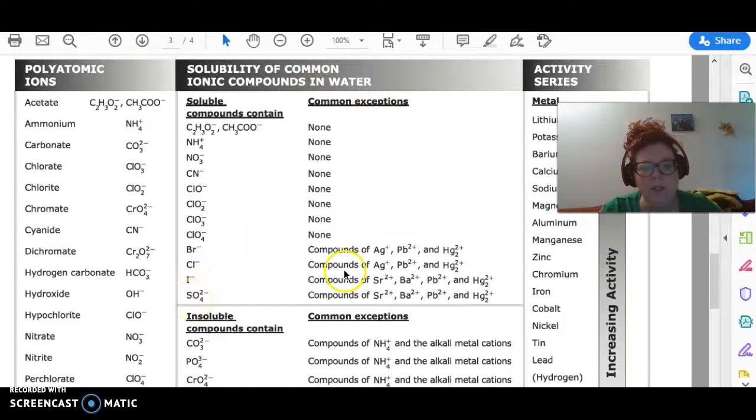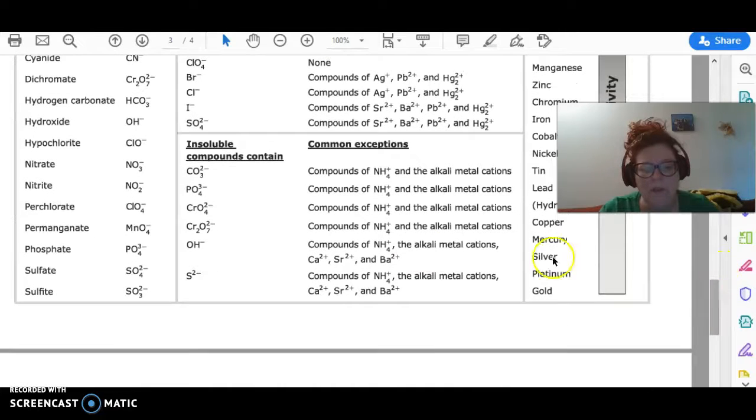Common exceptions: if any of these are attached to this, it becomes insoluble. These are insoluble compounds. And then here it tells you what the exceptions are.